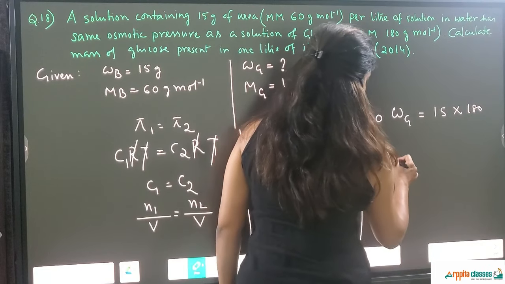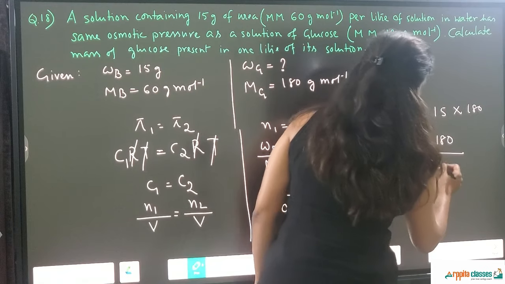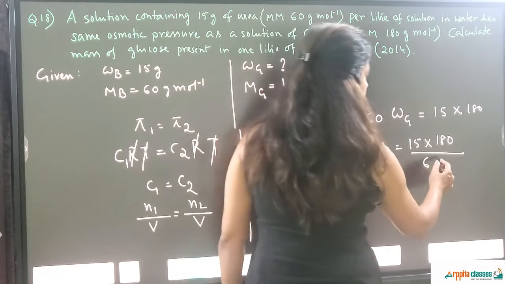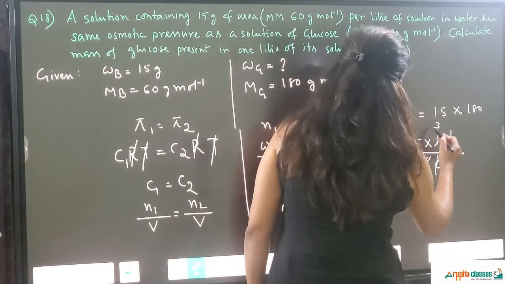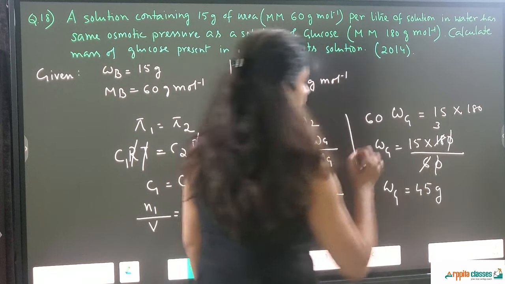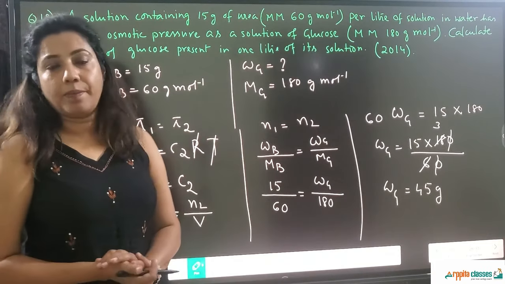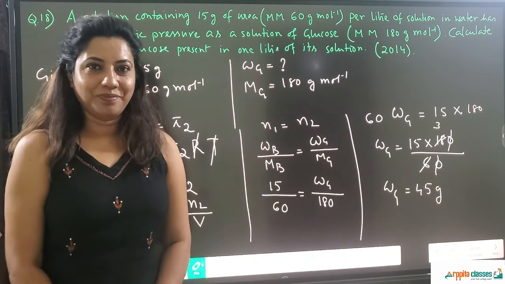So Wg = 15 × 180/60, which is 45 grams. So the weight of glucose is 45 grams. This question came in 2014.